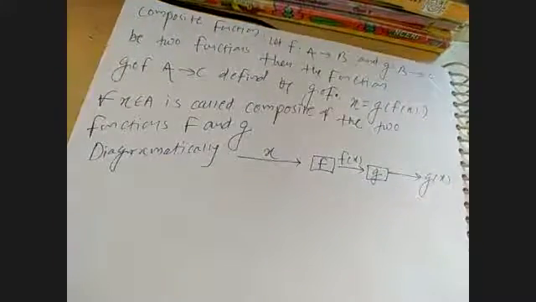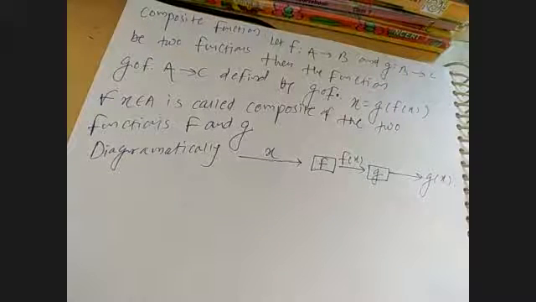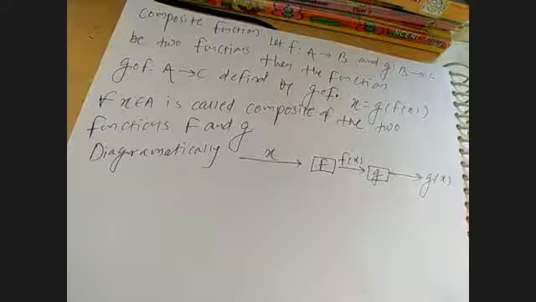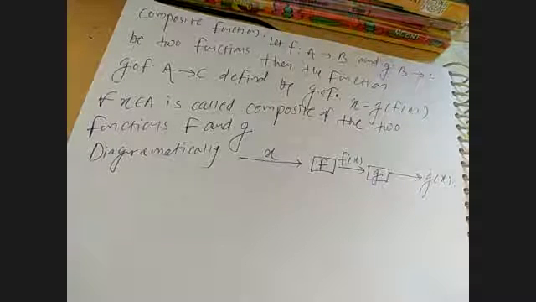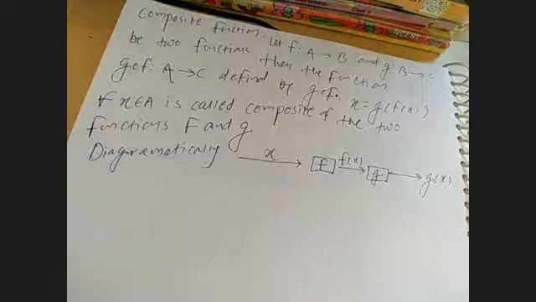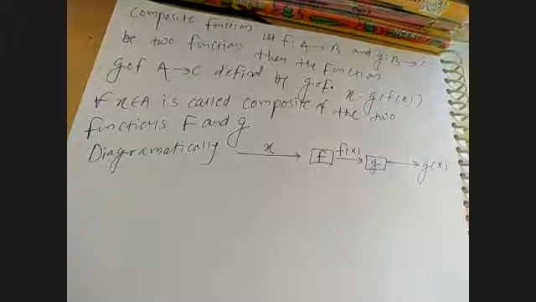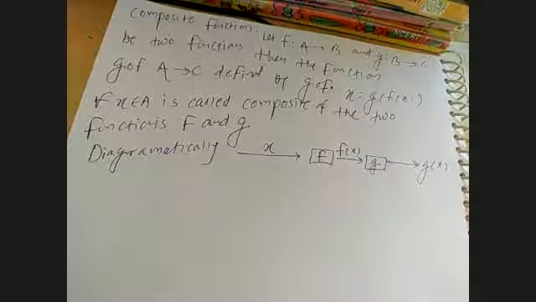This is the diagrammatic representation of composite function. Thus, the image of every x belongs to A under the function g of f is the g image of f image of x.